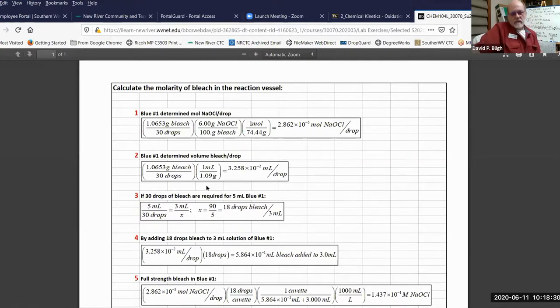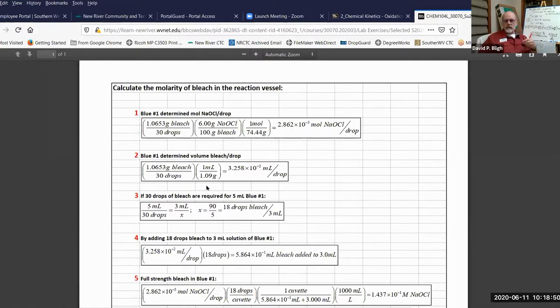Part of the experiment is to determine how much bleach you need to add to the reaction mixture to get it to decolorize, that's the reaction, within 2 minutes.